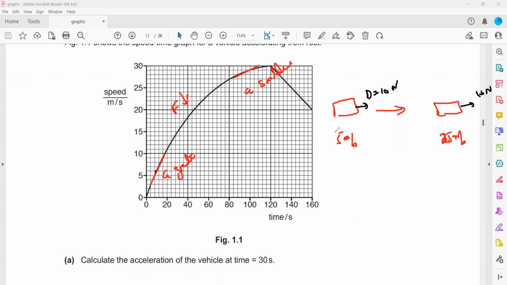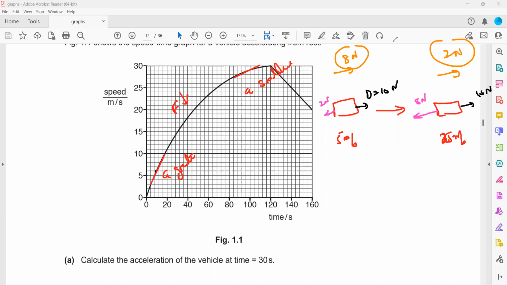At a higher speed, the resistive force increases. Here the resistive force might be 2, and here it might be 8. So the resultant force here is 8 Newton, but here the resultant force equals 2 Newton. So when the vehicle accelerates, the resistive force increases, and when the resistive force increases, the resultant force decreases.